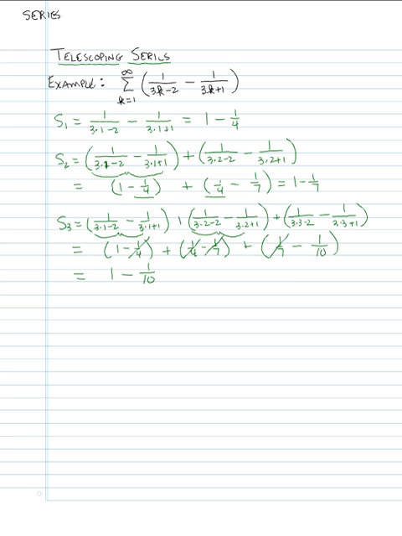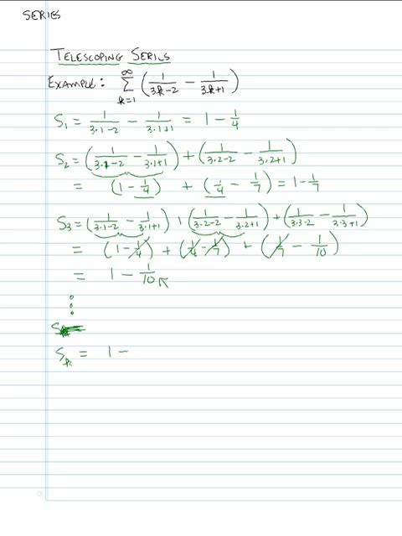Well, in general, this is what's going to happen, and maybe you'll agree with me. For the kth partial sum, we're going to end up with a 1 minus, and look at this last term.